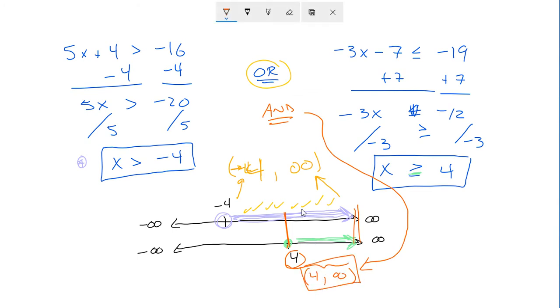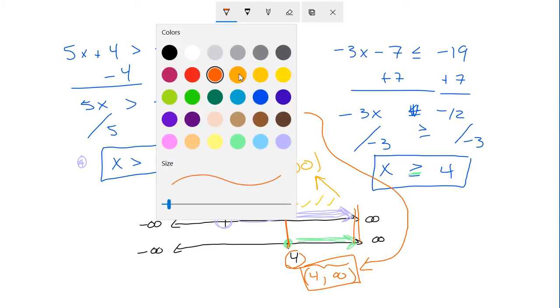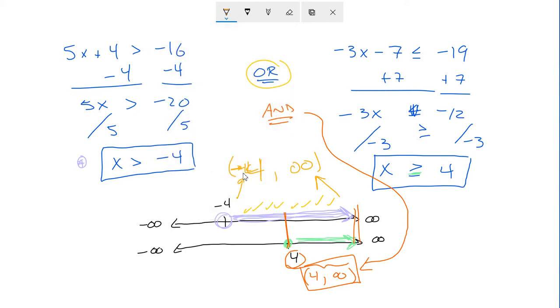And then your bigger solution region would be for the or, because if you're in one or the other or both, you're still in the or. That would be starting all the way at negative 4, going to the end.